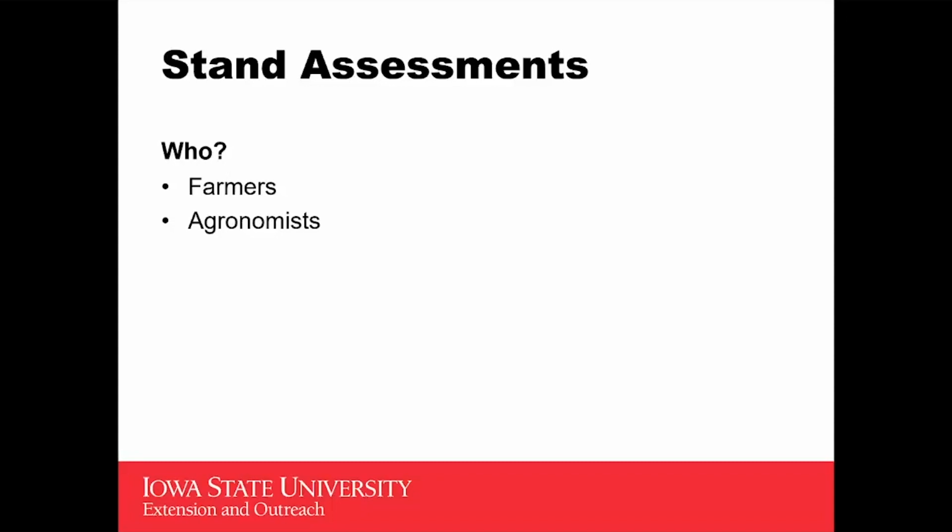So that way, when you get out there into the early to mid, so V5, 6, 7, 8 in corn, as we get out into the V4 to R1 staging on soybeans, if we do have plant injury, we have a knowledge of where that plant was, how many plants we had out there, what the stand was looking like before we ran into a stressor of any type there. Okay, so there are some important aspects of doing that.